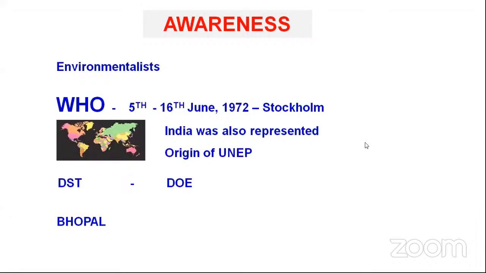And of course, sometimes bad things also bring good changes. One classical example is the Bhopal gas tragedy. That is an environmental tragedy that stirred the whole cross section of the entire world. Within a span of very few days, so many people died because of inhalation of that poisonous gas, totally created by man, totally due to ignorance and negligence of environmental safety. So the Bhopal gas tragedy is also responsible for creating awareness in the forum of environment.